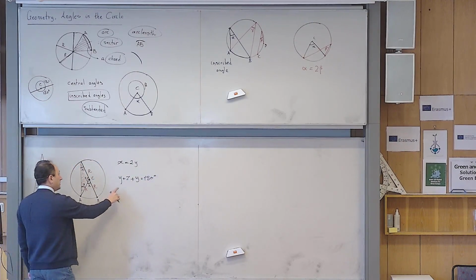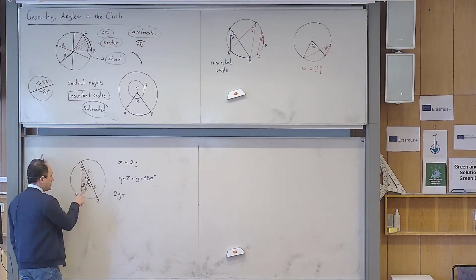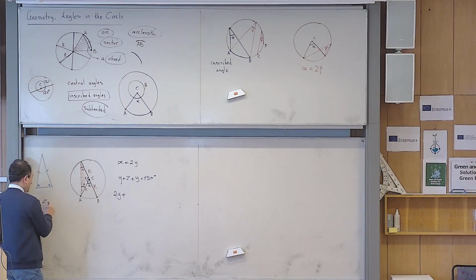And then Y plus Y is 2Y, and then plus Z. What is Z? Z has some relation with X. What is that relation? Z plus X is 180. So if I ask you to write something for Z, you move X to the other side. So Z becomes 180 minus X.